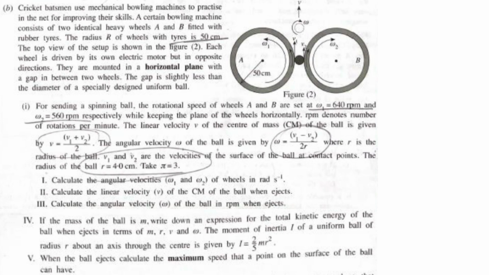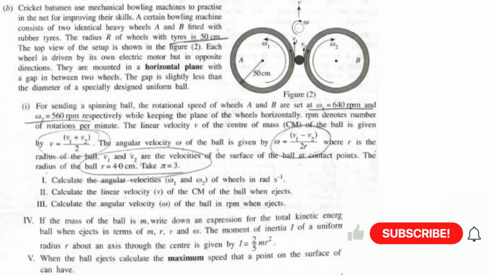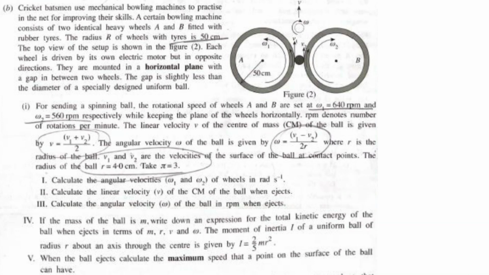Then part B. Cricket batsmen use mechanical bowling machines to practice in the net for improving their skills. A certain bowling machine consists of 2 identical heavy wheels, A and B, fitted with rubber tires.